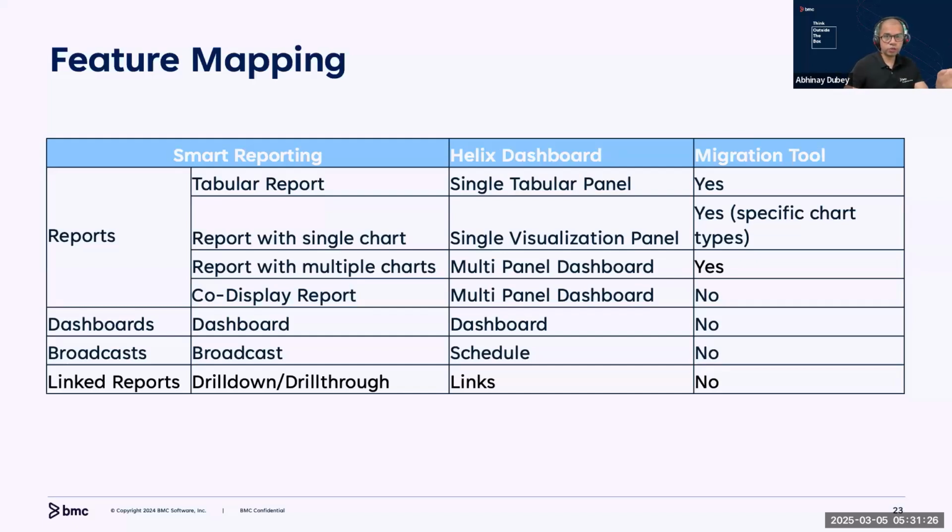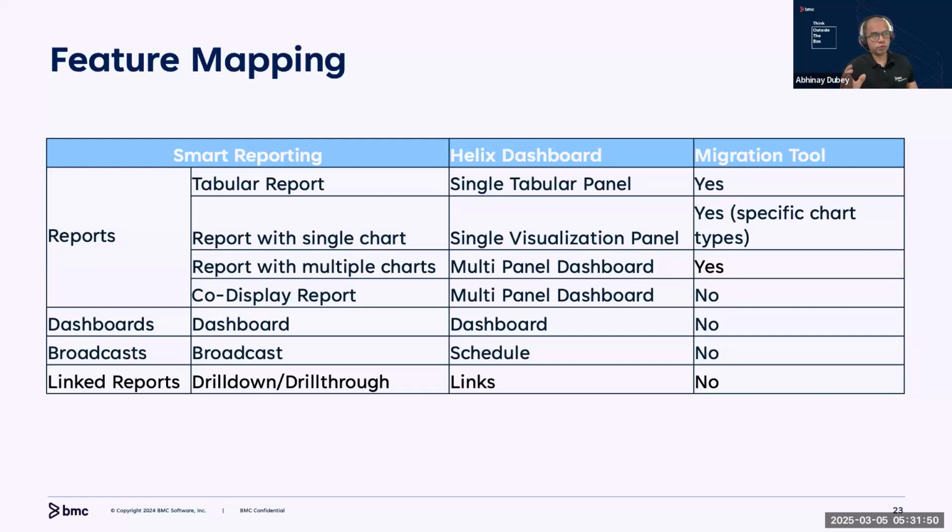Whereas a tabular report or a single chart report all map to a dashboard which has just one panel on it. It has a visualization or tabular data. The other features we need to be cognizant of is how many broadcasts are set up and how many report links are there between the reports.